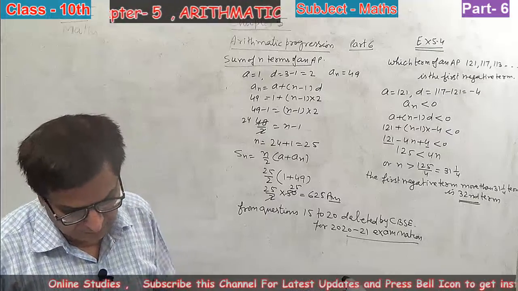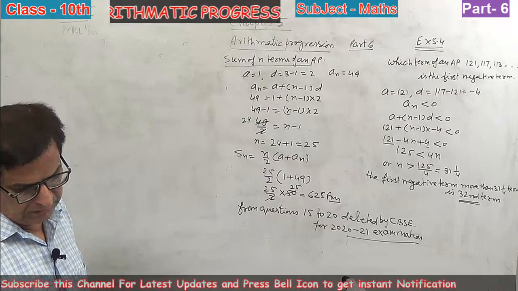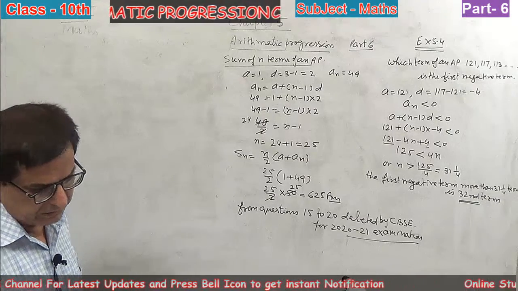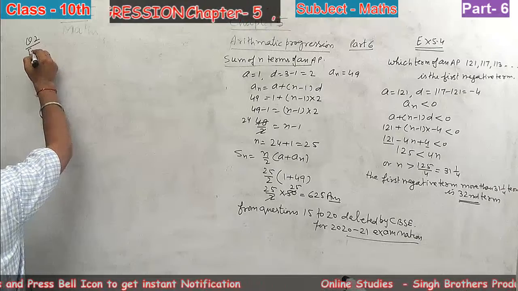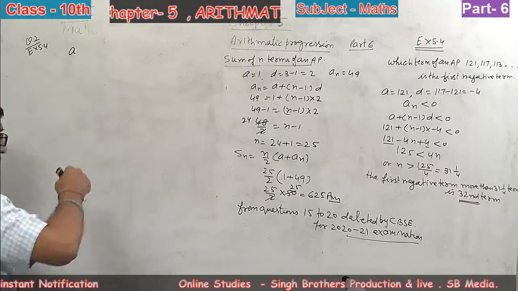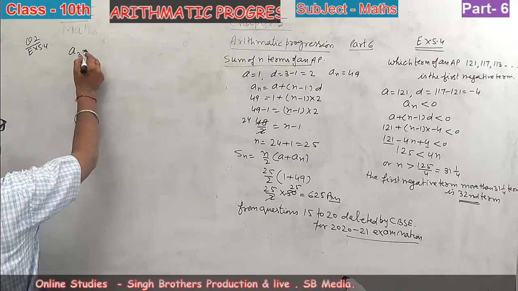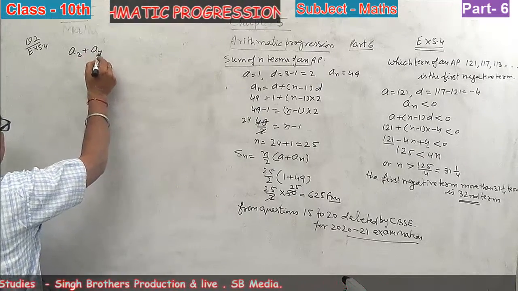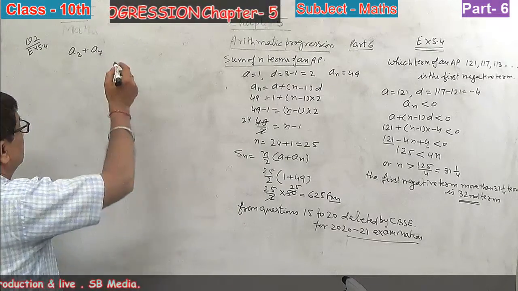Question number 2, exercise 5.4. The sum of the third term and the 7th term is 6. The sum of the third term, that is A3, and A7 is equal to 6.